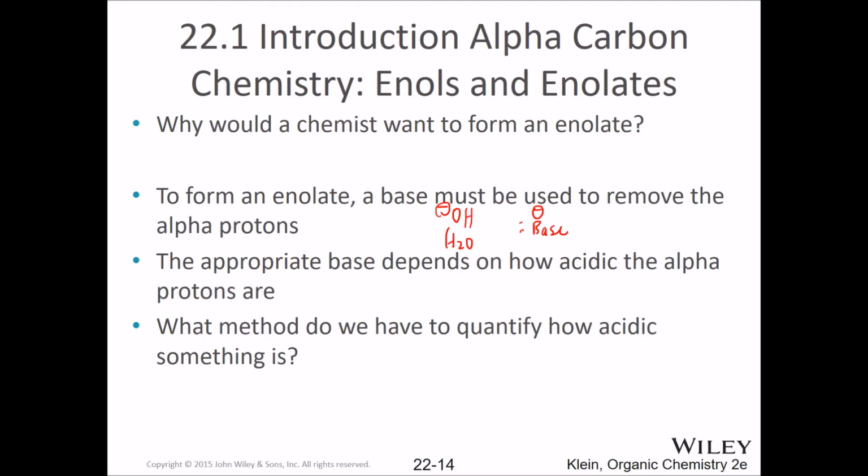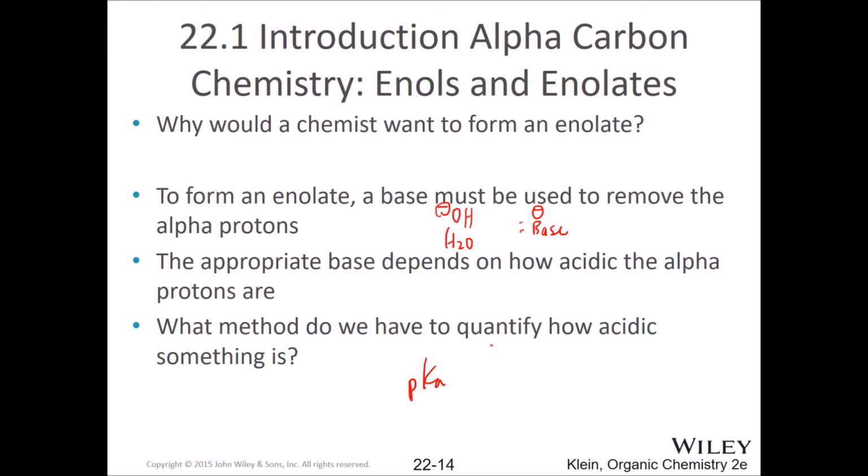Hopefully this will appeal to some things that you learned in previous courses and previous parts of this course. The appropriate base depends on how acidic the alpha protons are. What method do we have to quantify how acidic something is? We've done this several times now. pKa, right?